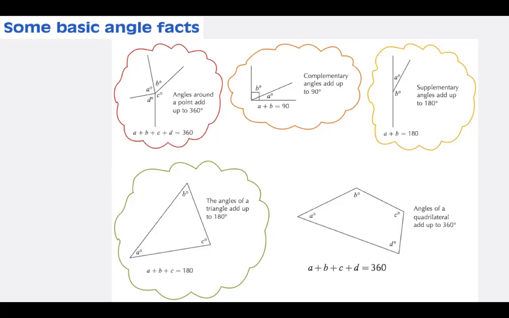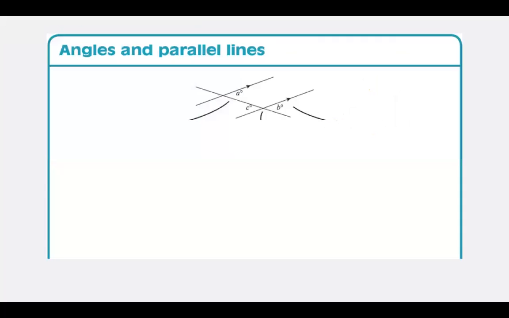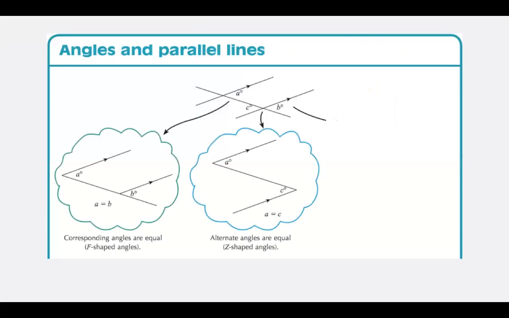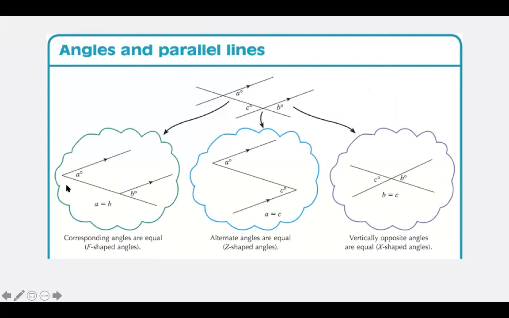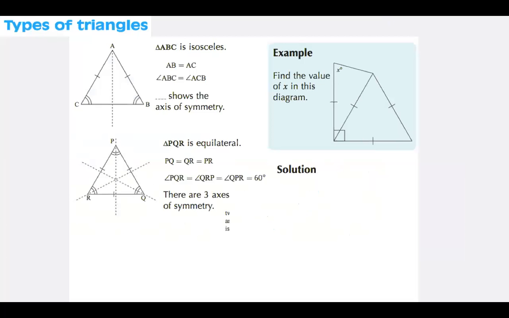Again, you can play with all these, and you've got a few questions with solutions, angles in parallel lines. So you've got what we call F angles, Z angles, and X angles. Again, three things that you could write on your flashcards, and a couple of questions that come with it.